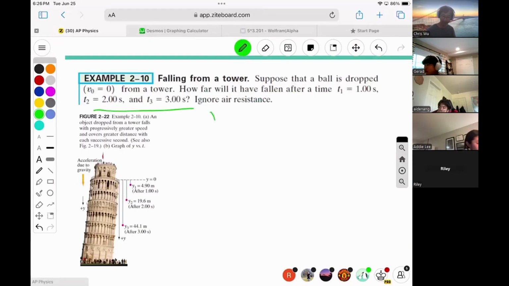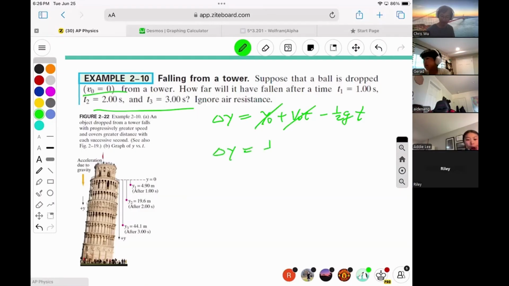So I'm going to use this one: delta y is equal to y naught plus v naught t minus 1/2 g t squared. G is given, and we're going down. So y naught is 0, since I assume I start from 0. And v naught is 0 too, since I'm just dropping it, so the initial speed is 0. That leaves just minus 1/2 g t squared.